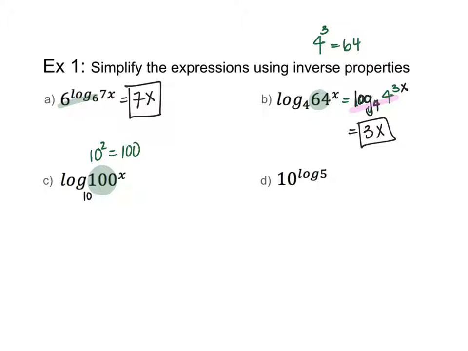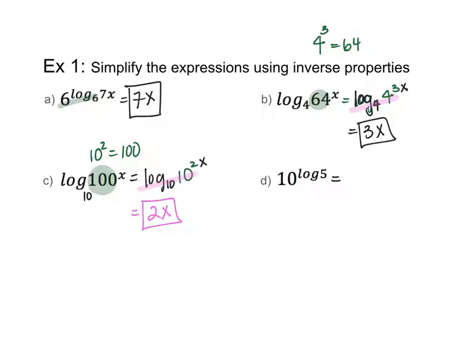So what I can do is I can make this look a little different. I can do log base 10, but instead of 100, let's write it as 10 to the 2nd power, because that's still 100. And then there is an x for the exponent, so I'm going to put that there. And so now my bases are the same, so they're going to cancel, leaving me with just 2x, it looks like. And that's it.